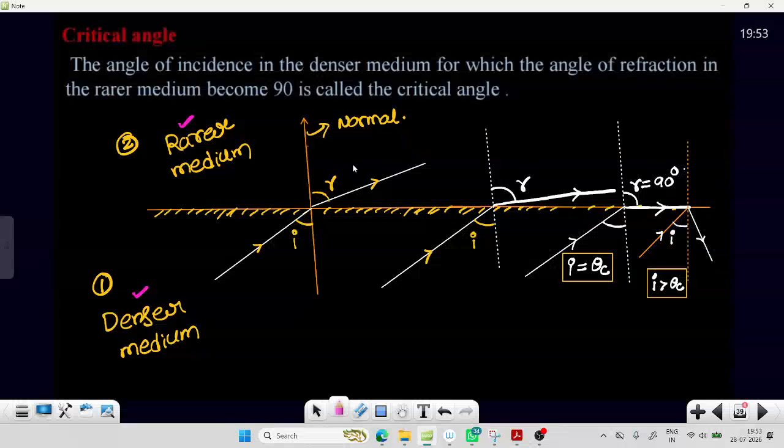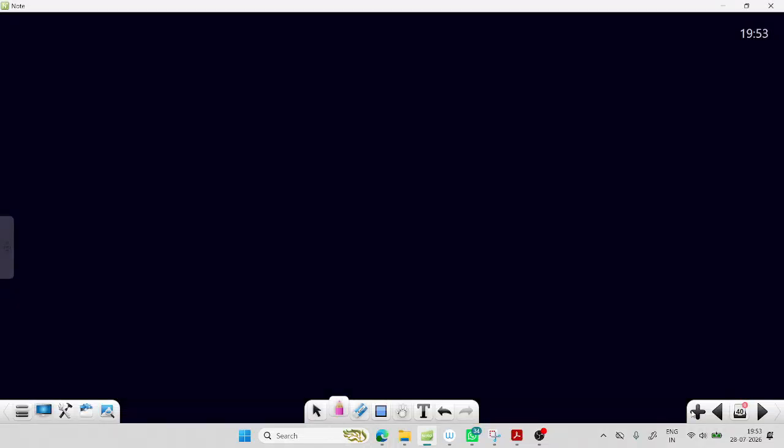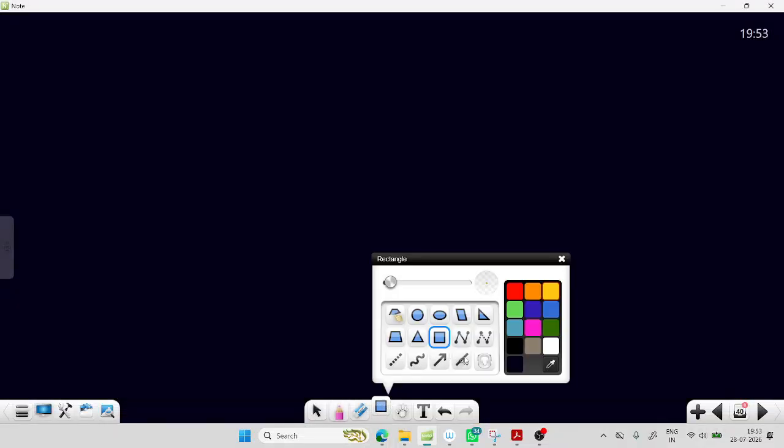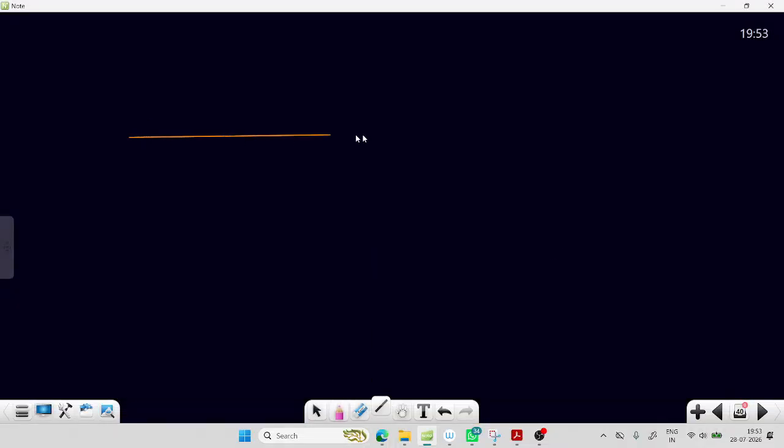Like from rarer to denser, if it moves, can it even lie on the surface, sir? No, the movement cannot be on the surface. So in this case, consider this is my rarer medium and this is the denser medium.